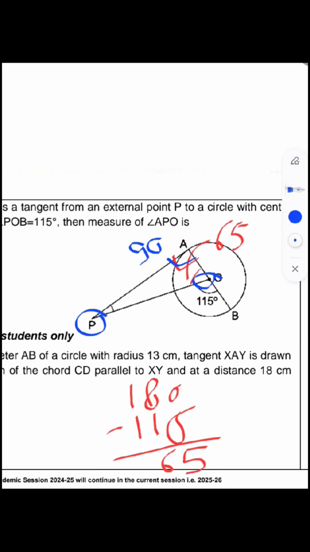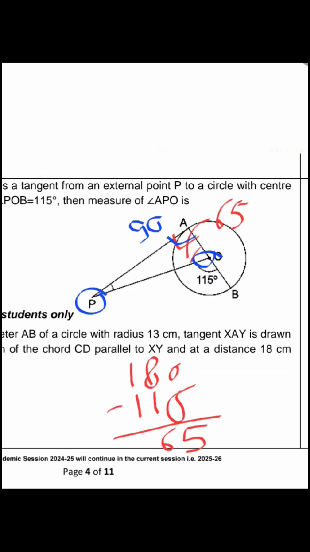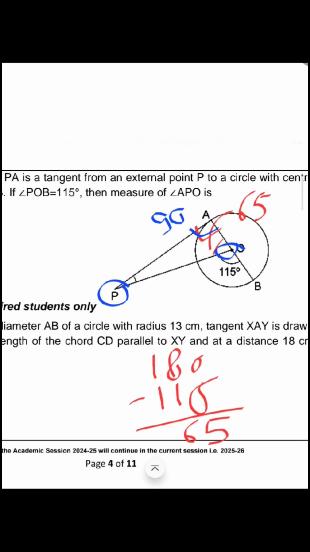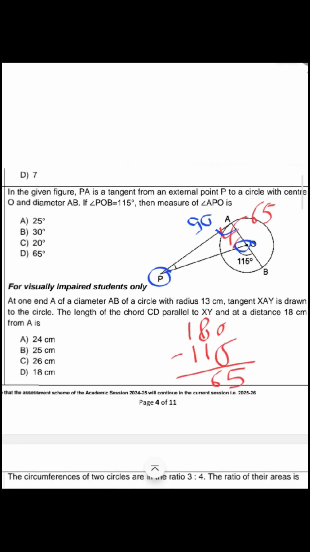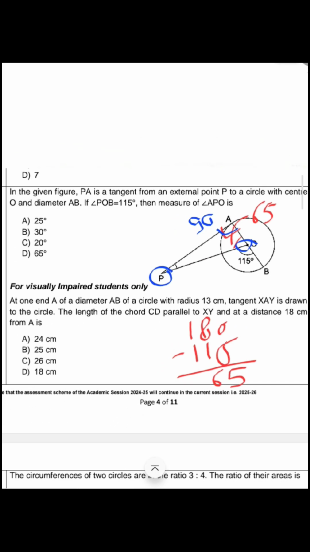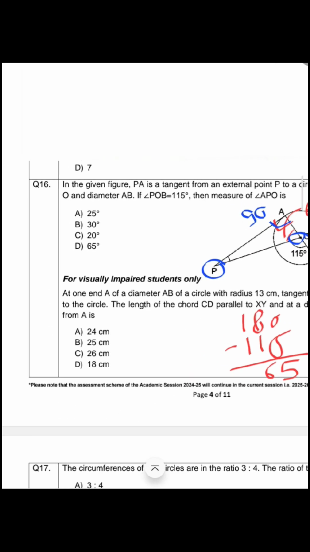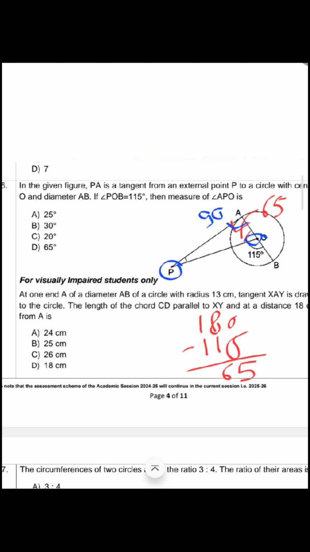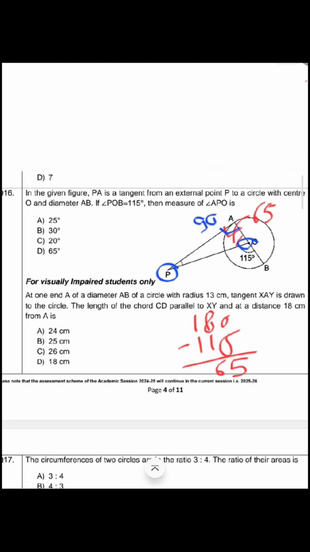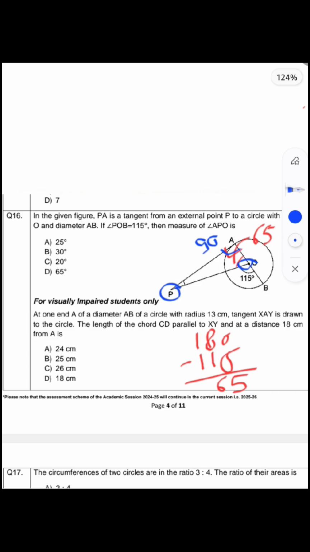So in 65, what should you add? You will get 90. 65 plus 25. So the answer option is A option. Here right answer is A.